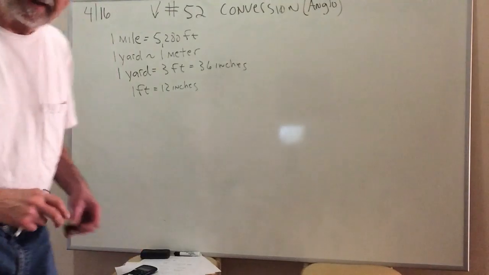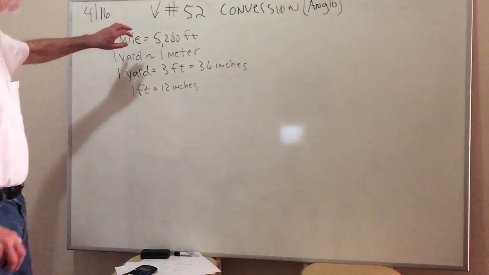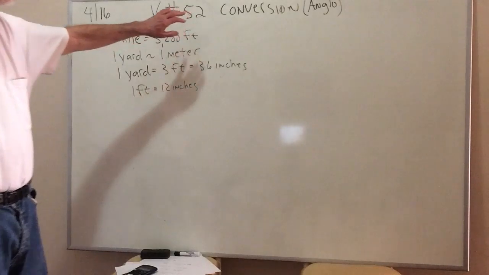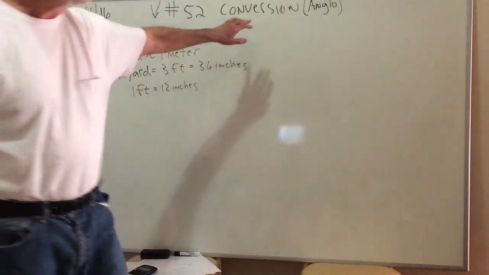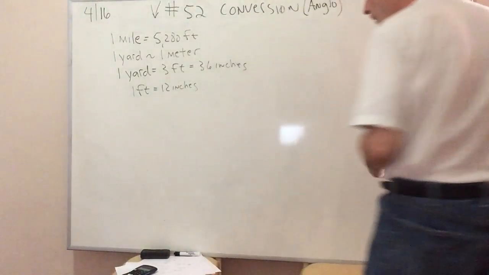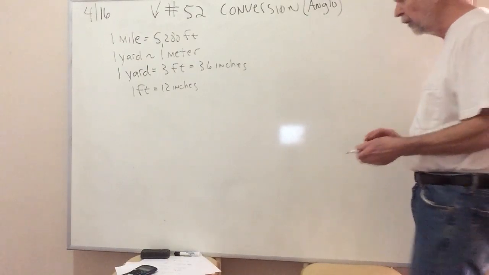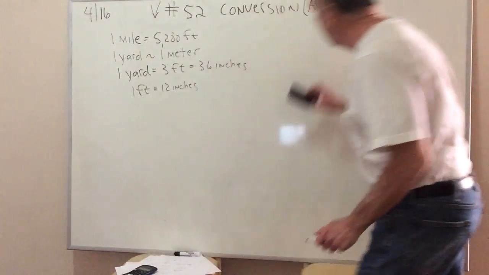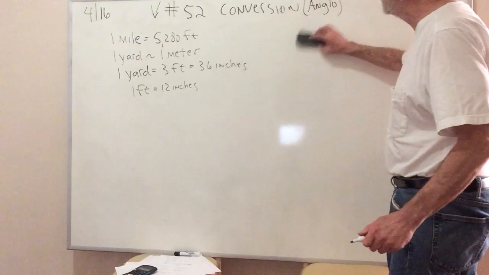Okay, let's get working. This is 416, video number 52. We're talking about conversion in the Anglo system. Some textbooks and maybe your YouTube videos, which you love so much, might use the word standard system.